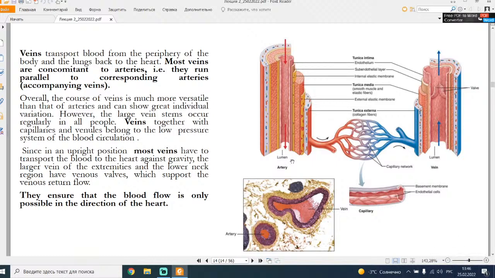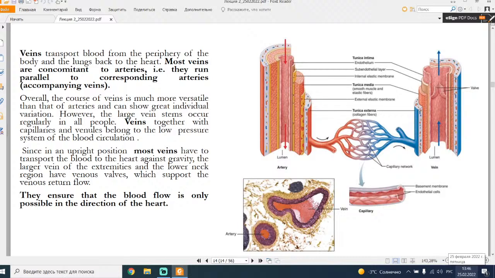Veins, together with capillaries and venules, belong to the low pressure system of the blood circulation, since in the upright position most veins have to transport the blood to the heart against gravity.